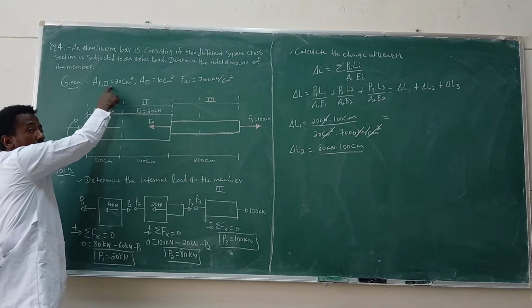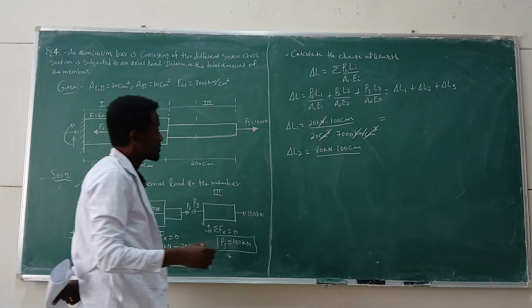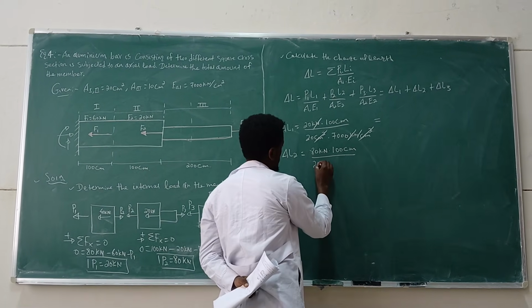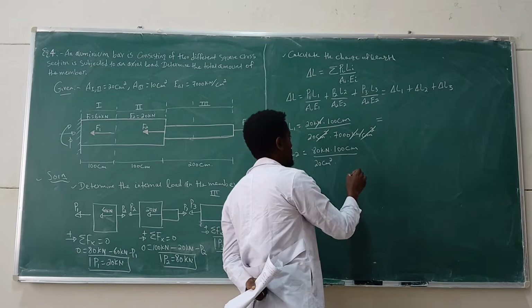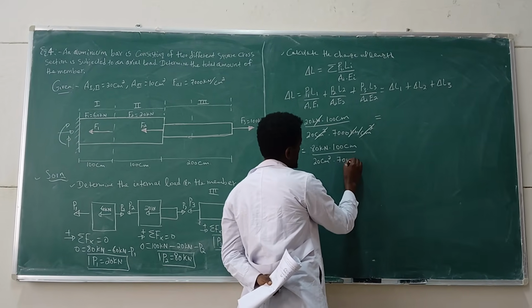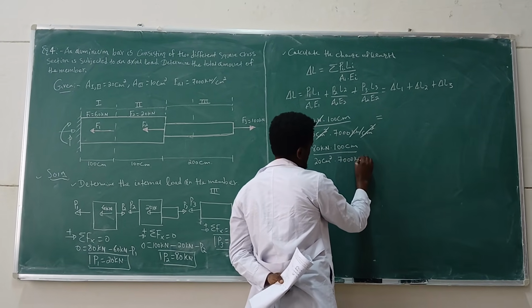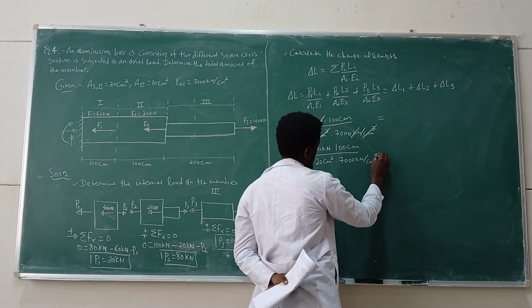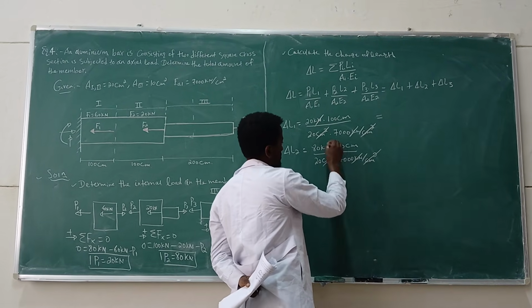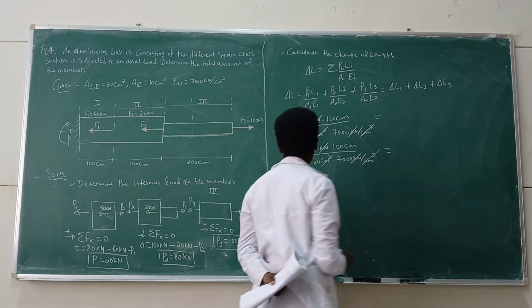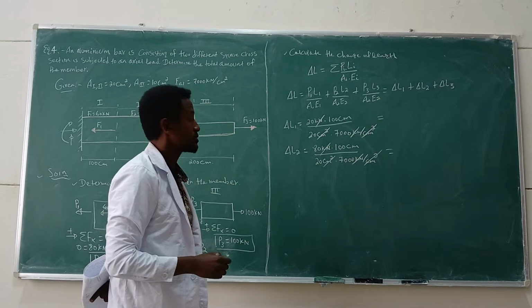Area 1 and area 2 are 20 centimeter square, times modulus of elasticity 7,000. You get change of L2.